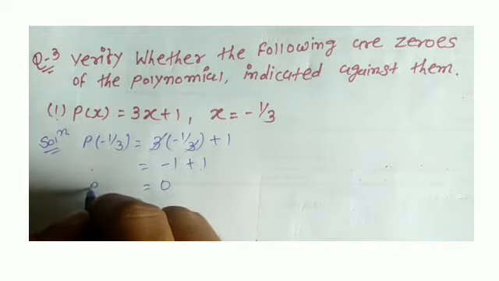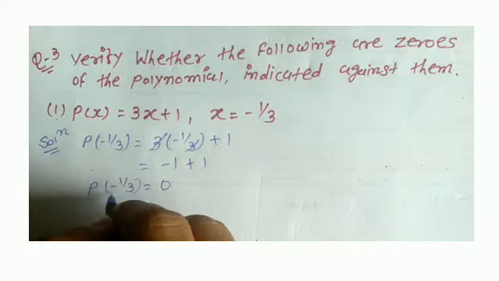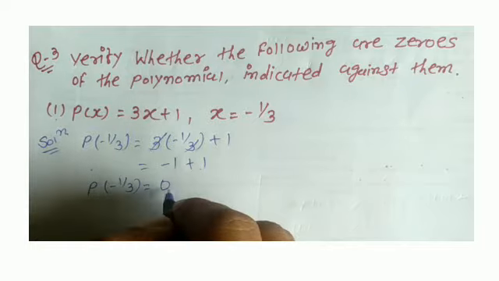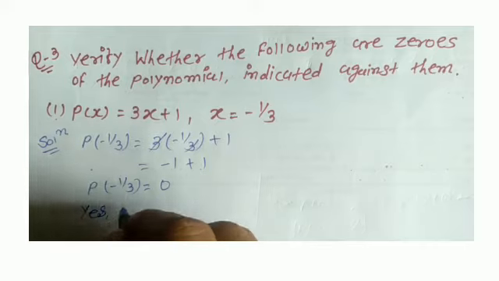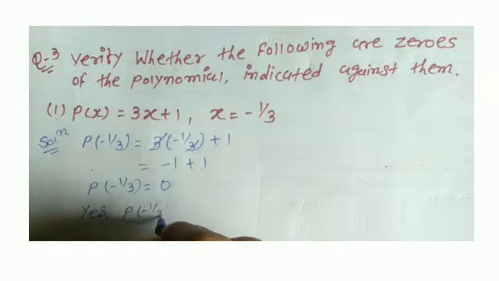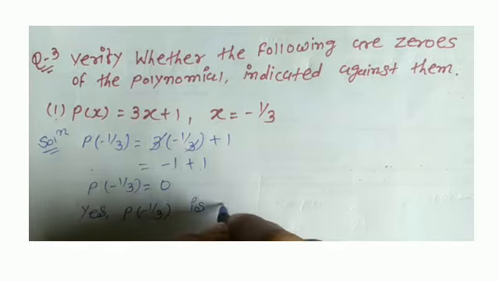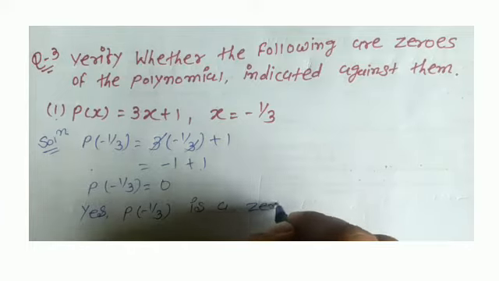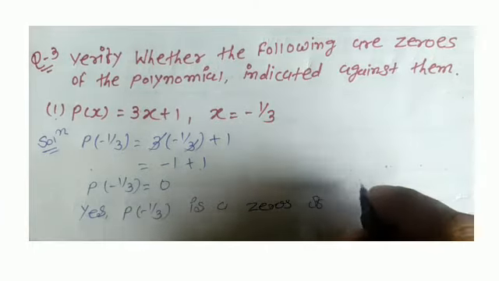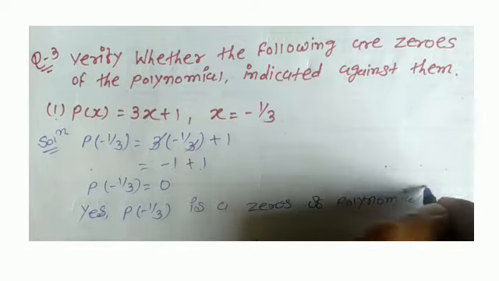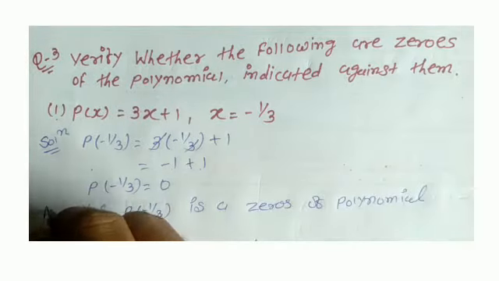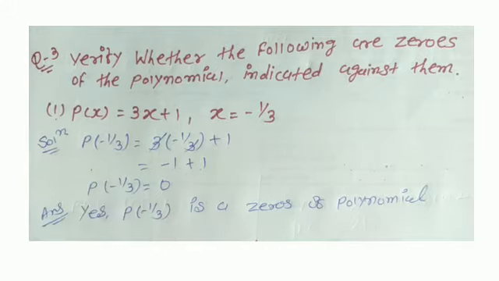So dear friends, you can see now P of minus 1 by 3 is equal to 0. So our answer is yes, minus 1 by 3 is a zero of the polynomial. This is our answer of the first one.